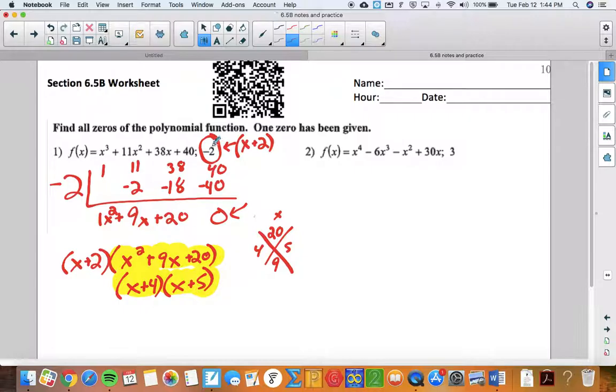And then because -2 is a 0, that means that came from the factor x plus 2. Because once we have it in factored form, it's easy to find the zeros. We know that a factor is -2, though they already told us that, because we're setting all of these factors equal to 0. So x has to equal -2. We already knew that. What makes this become 0? x has to equal -4.